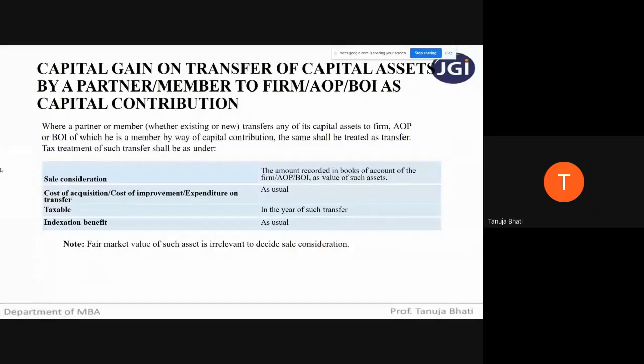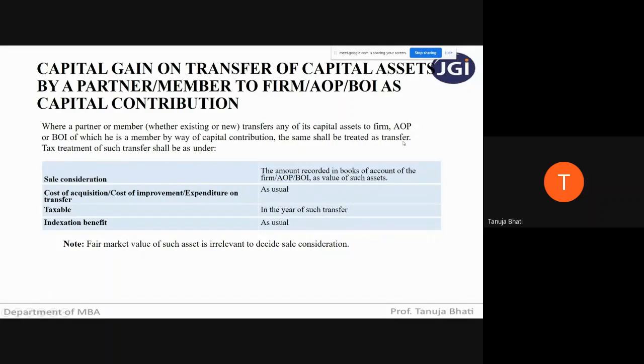Okay. So we know capital gain tax means four things we have to know: sales consideration, cost of acquisition, cost of improvement, expenditure on transfer. So let us see what we have to consider. Where a partner or a member, whether existing or new, as I told you, either a new partner is admitted or the existing one transfers any of his capital asset to the firm, AOP or BOI, of which he is a member, by way of capital contribution, the same shall be treated as transfer.